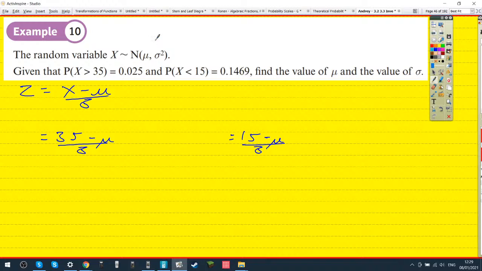We want for this specific normal, whatever this is, worms, tomato plants. We know that the probability that x is greater than 35 is 0.025. And so what z would give you, what would the probability of z being greater than, sorry, it was 0.025. So what z value would give you 0.025? That's what you have to find.